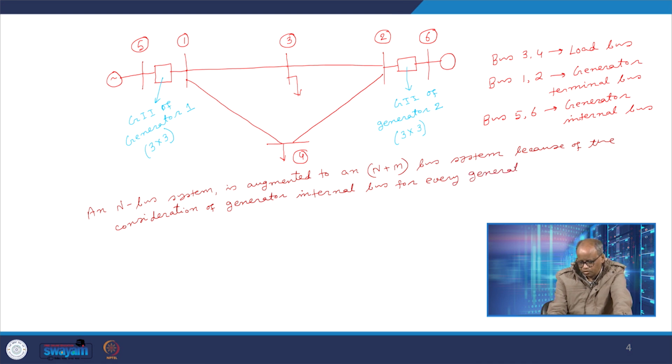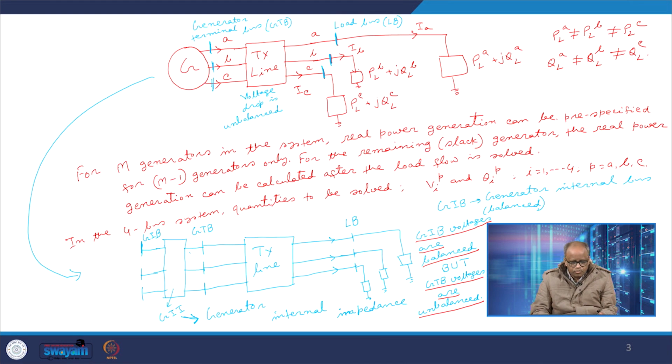So if there are m generators, we have to consider m internal buses, and m extra buses would be added. Therefore, my system size would increase from n to n plus m. For example, here my system size earlier was 4, but now it has increased to 6.